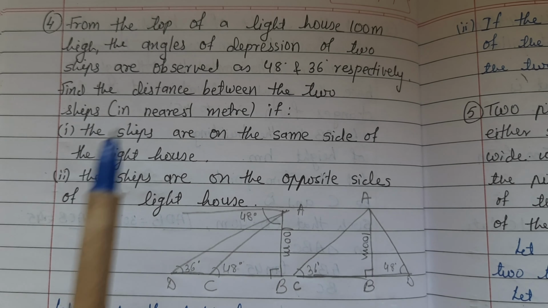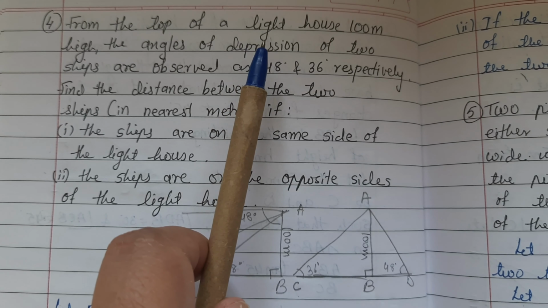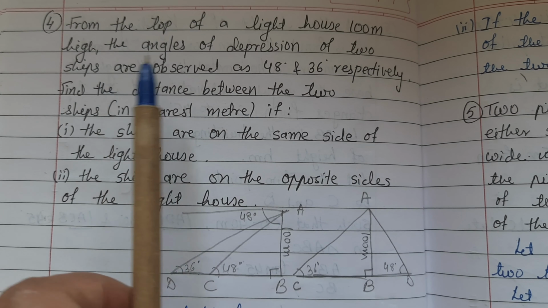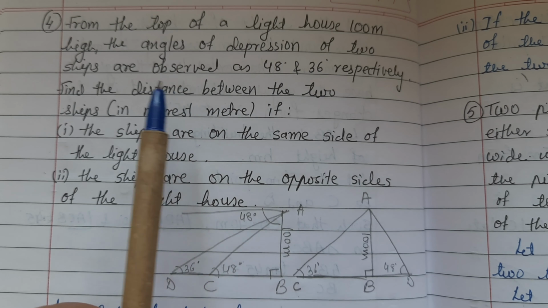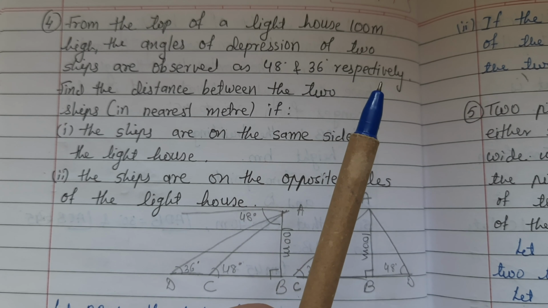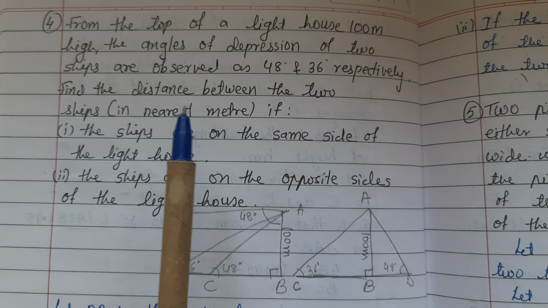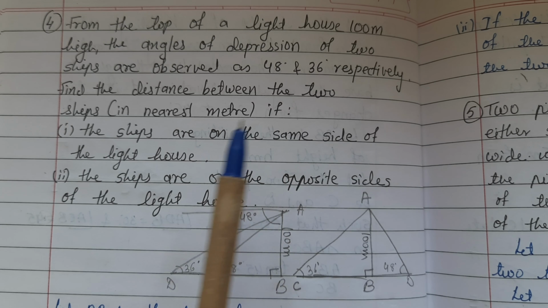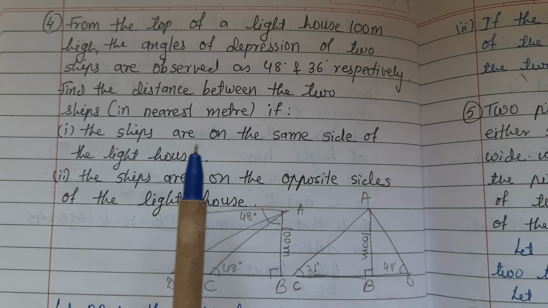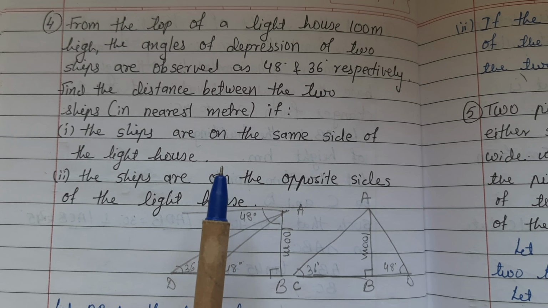Sum number 4. From the top of the lighthouse 100 meter high, the angle of depression of two ships are observed as 48 degree and 36 degree respectively. Find the distance between the two ships in nearest meter if, first part, the ships are on same side of the lighthouse.